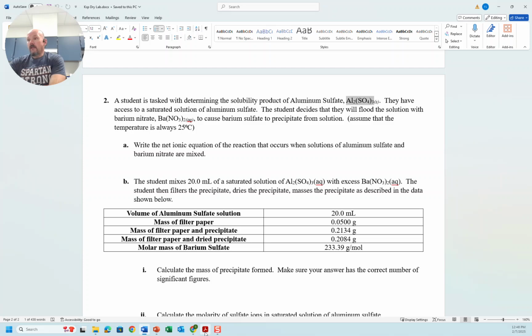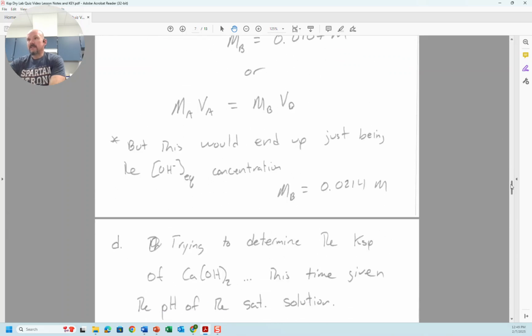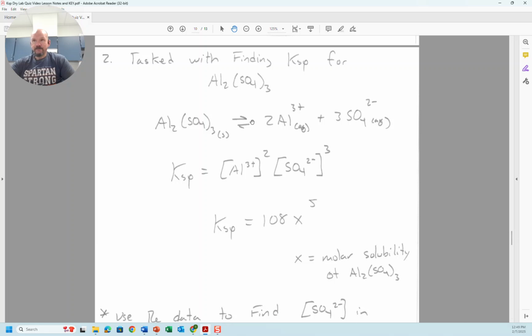But again, our whole goal is to calculate the KSP for this salt, right? So let's again describe what that means. All right. So we got aluminum sulfate. So just like before, let's write the equation that this is going to represent. So we got aluminum sulfate yields 2 aluminum ions plus 3 sulfate ions.